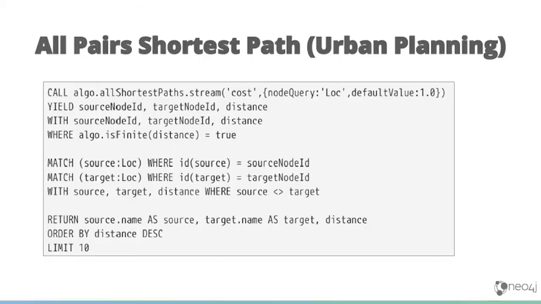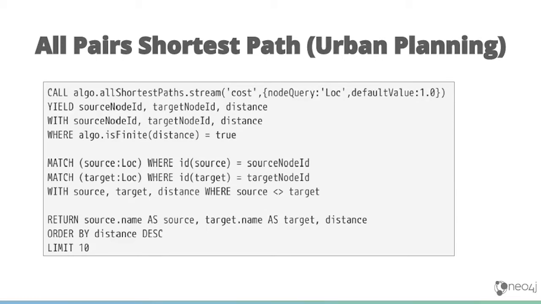And then we have a Cypher query here where the first line calls the all shortest path procedure and says to stream the results back. It says what it's yielding as the results of that procedure, and a few more things here. And then after we get those results, we're passing them through with some match statements and then doing a return.